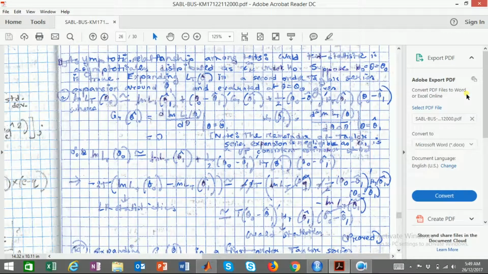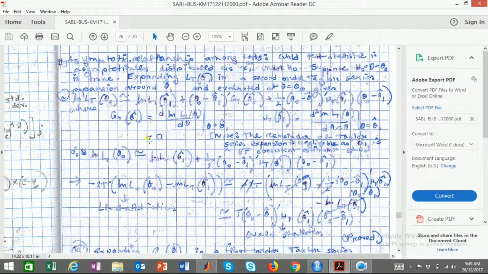So what is this actually? The first portion is the expansion through the Taylor series, right? And previously we ended in the Wald statistic. So here the log likelihood function at theta naught equals that at theta 1, plus the portion of the gradient, plus the portion with the Hessian in second order.